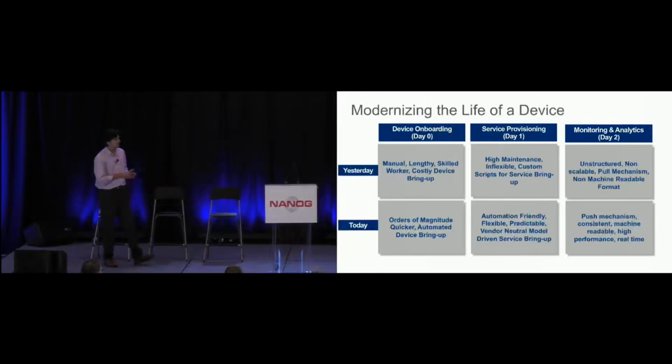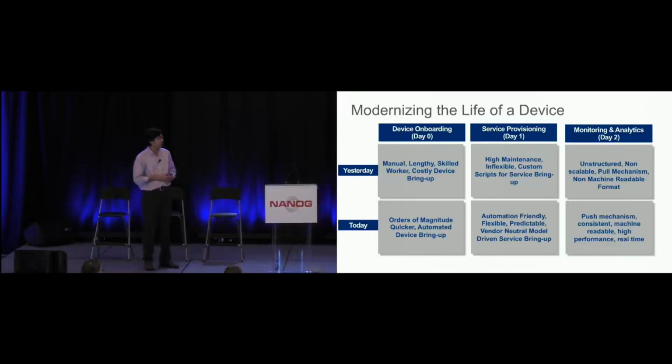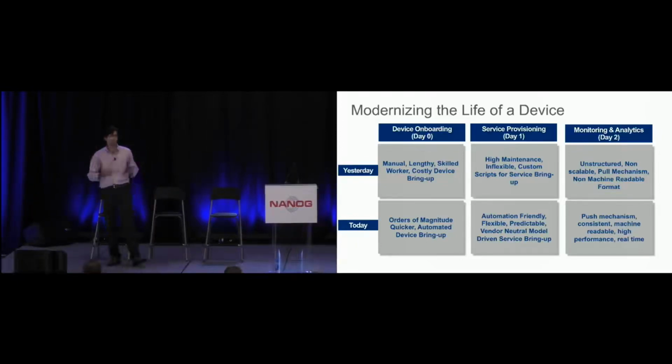So if I compare what we used to do and what we are doing today, you will understand that what we used to do requires a truck roll. It was a very costly process for the network operators. It took a long time to bring up the device. There was no integration between the NMS system and the controllers with the devices. There was another issue: each NMS system was vendor specific.